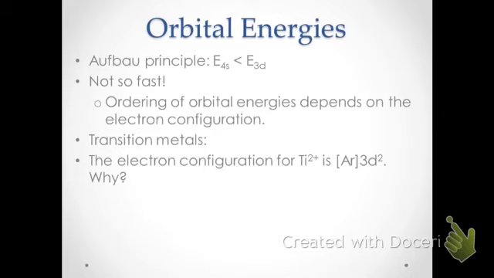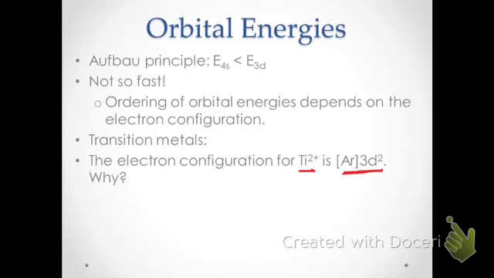So when we look at titanium 2+, which has 2 fewer electrons, of course, than the neutral titanium, the electron configuration is given here with 2 electrons in the 3d orbital and no electrons in the 4s orbital. So we often say that for these transition metal ions the electrons are removed from the s orbital.